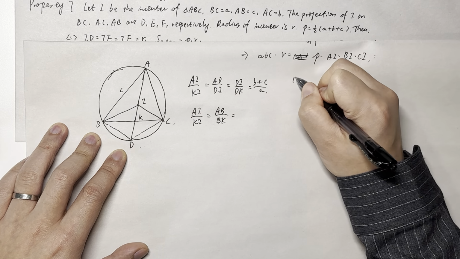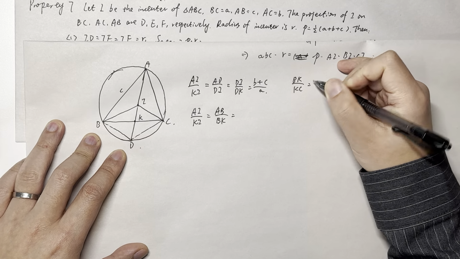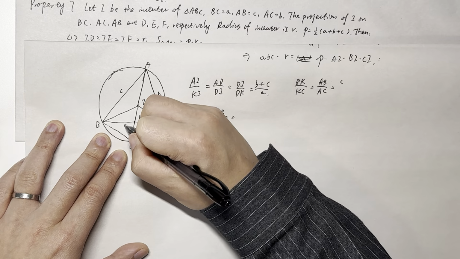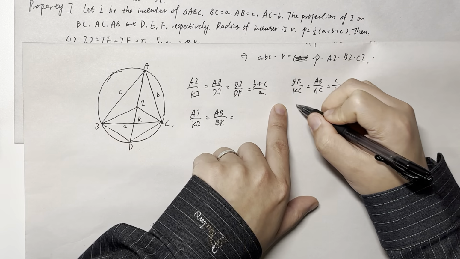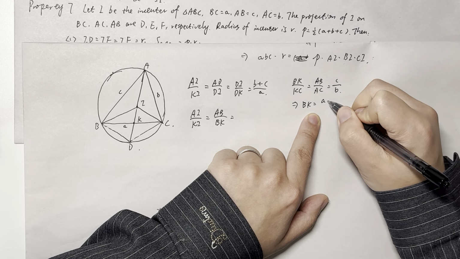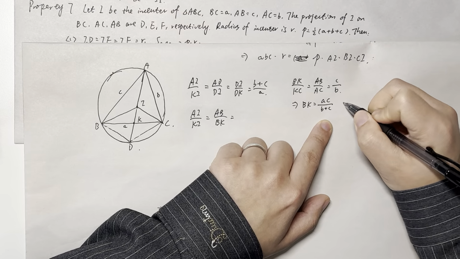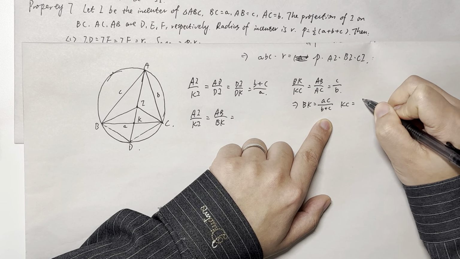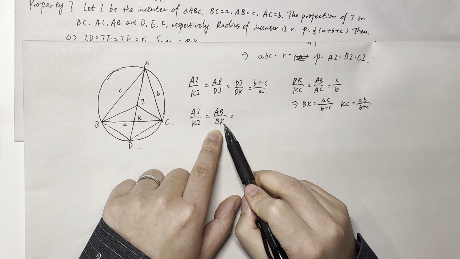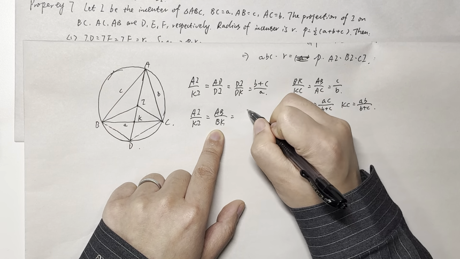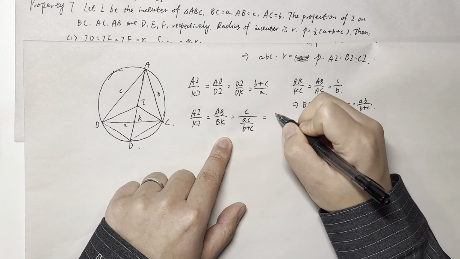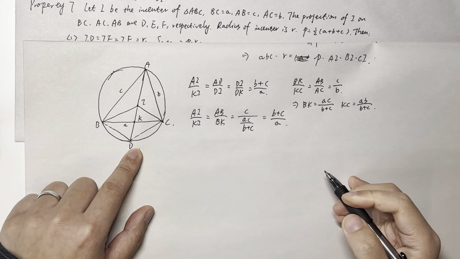So BK to KC equals AB to AC, which is C to B. So the length of BK equals AC over (B plus C), and the length of KC equals AB over (B plus C). So AB to BK equals C divided by BK, which is AC over (B plus C), which equals (B plus C) to A, right?